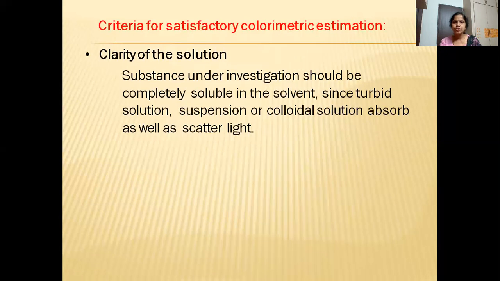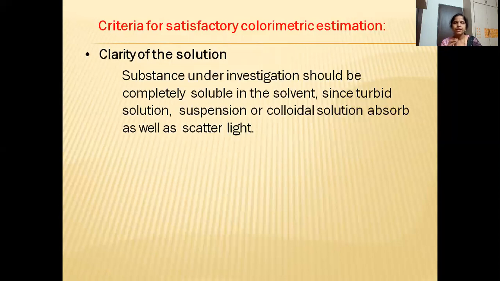Then the clarity of the solution. When you dissolve the solute in the solvent, you have to get a clear solution. It should not have any turbidity, suspension or colloid. If it is giving rise to a turbid, suspension or colloid solution, then when it absorbs the light, that light will get scattered, so we cannot get accurate absorbance values.